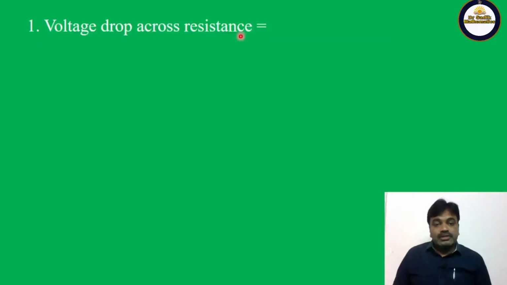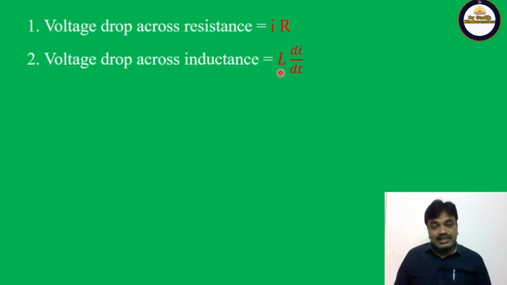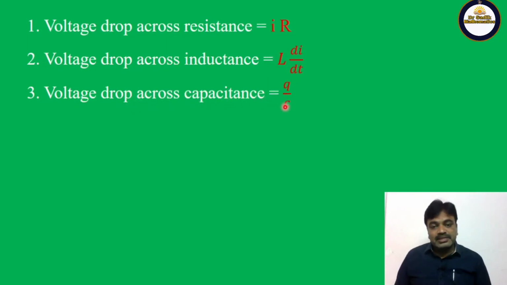Voltage drop across resistance is IR. Voltage drop across inductance is L di/dt. Voltage drop across capacitance is q/C. These three are very important, friends. To solve any problem in an electrical circuit, we need these three.